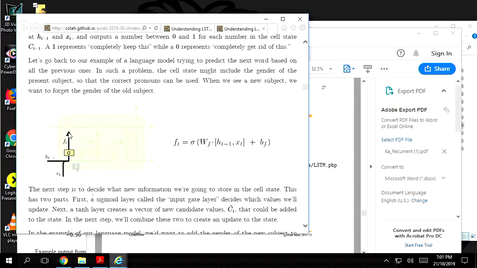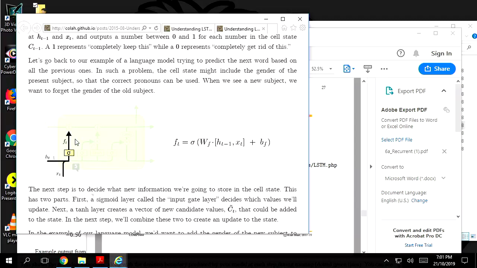Right, so there's a multiplication here. The previous context is coming in. First of all, we've separated out the context and the hidden unit. They're kind of like two separate things. So the previous context is coming in here, and this sigmoid is giving you, think of every hidden node, let's say there's 10 hidden nodes.